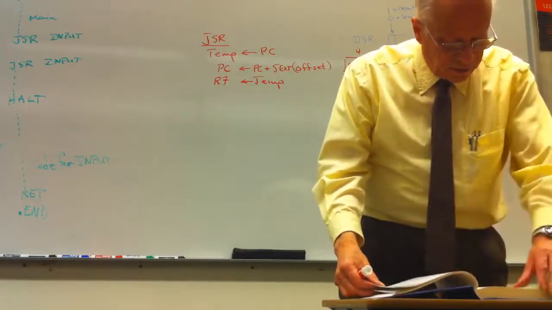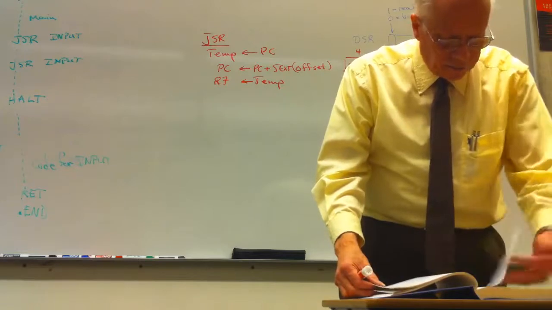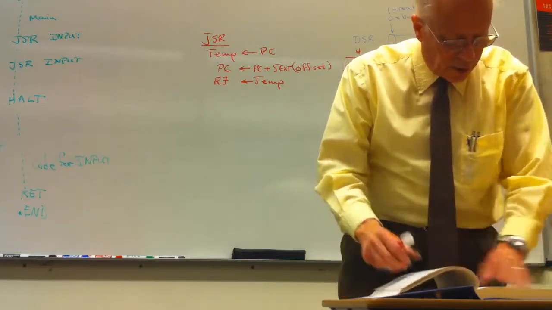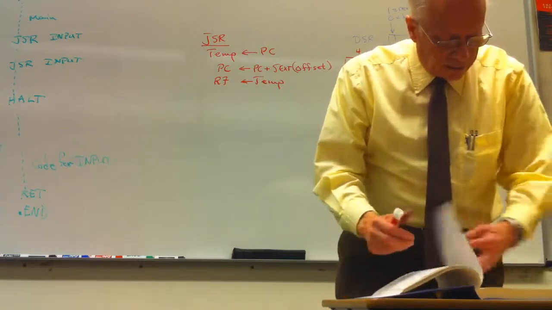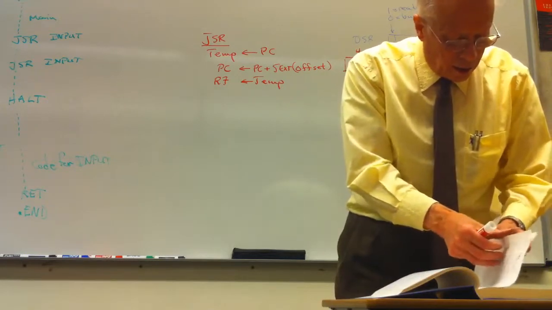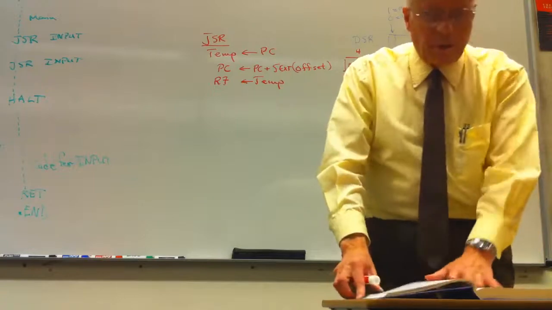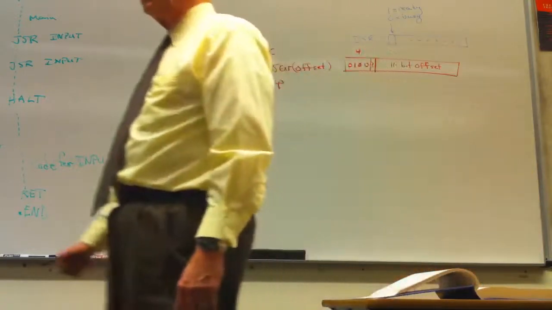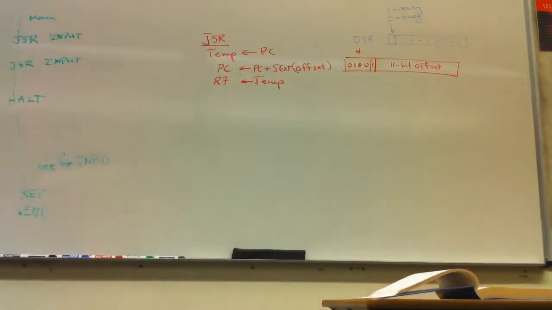Now, always? Always, okay, you have no choice on that, which is one of the reasons why some of you got a comment on your papers, didn't lose any points, but now is the time to get in the habit of not using register 7 for anything else.